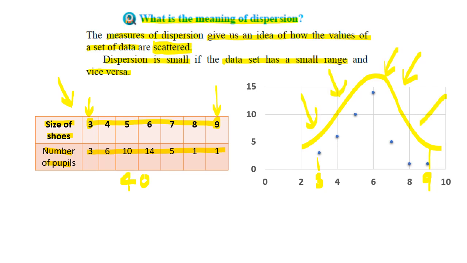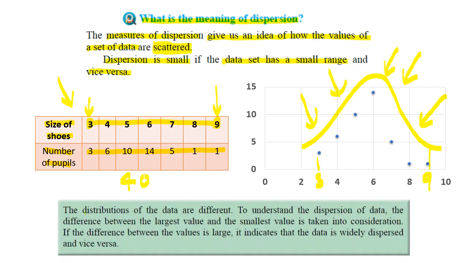You can say that the distribution of the data are different, and to understand the dispersion of data, the difference between the largest value and smallest value is taken into consideration. The largest and smallest. Here 3, this one is 9, so this is the smallest, the largest.